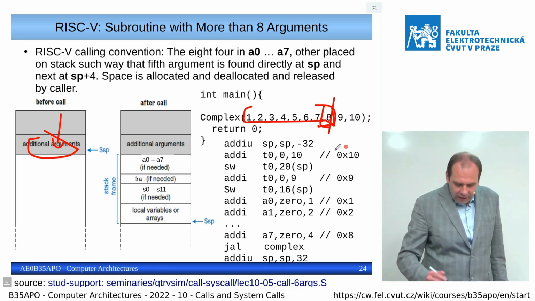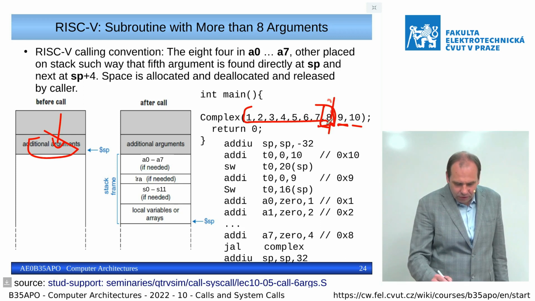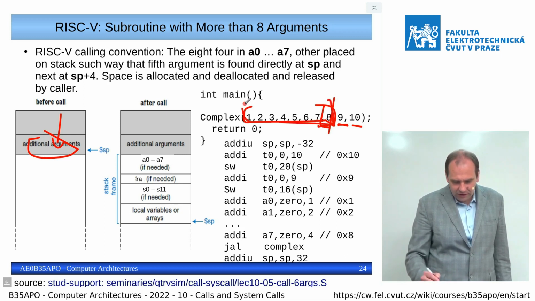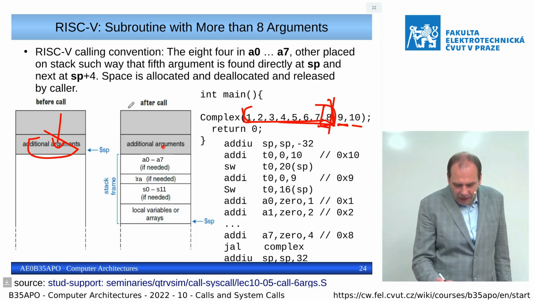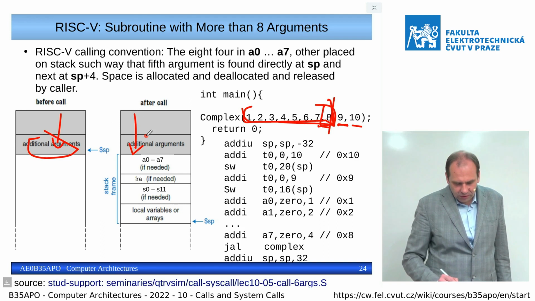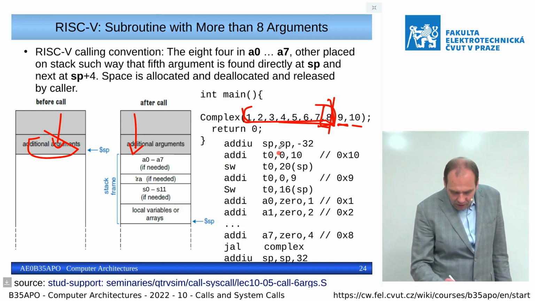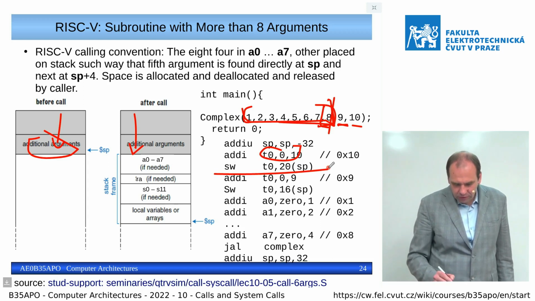So if we do not fit there with argument 9 and 10, we do not fit into those 8 argument registers. So the calling program first prepares some frame on the stack, prepares the value 10 and stores it onto the stack.